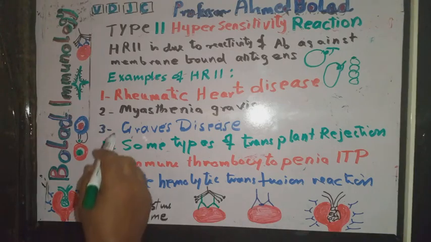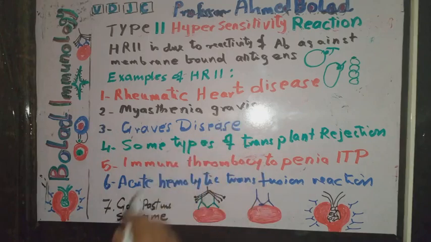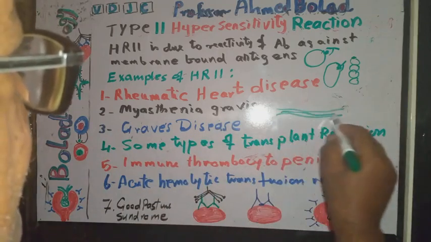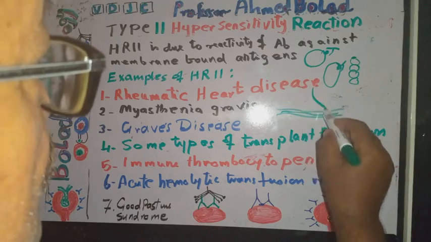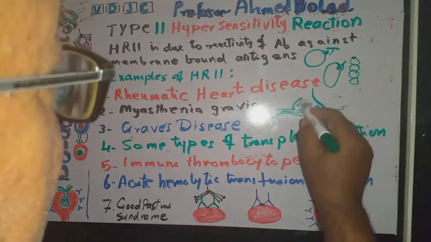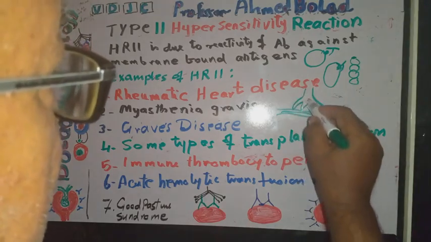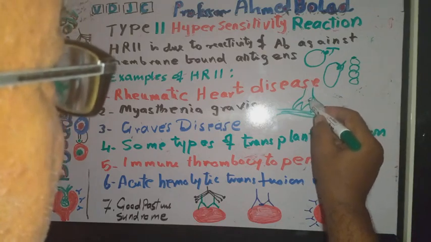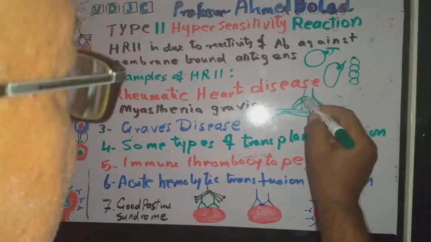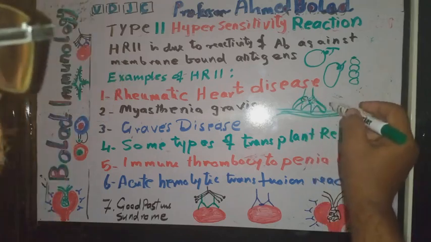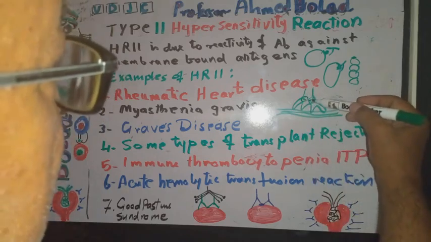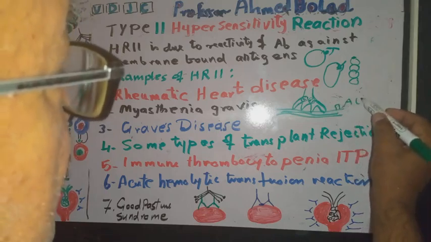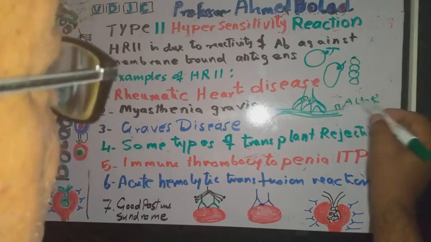Example number 2 is Myasthenia Gravis. As you know, if this is the muscle, the motor end plate looks like this, and the acetylcholine comes from the vesicles on the motor end plate and binds to acetylcholine receptors.